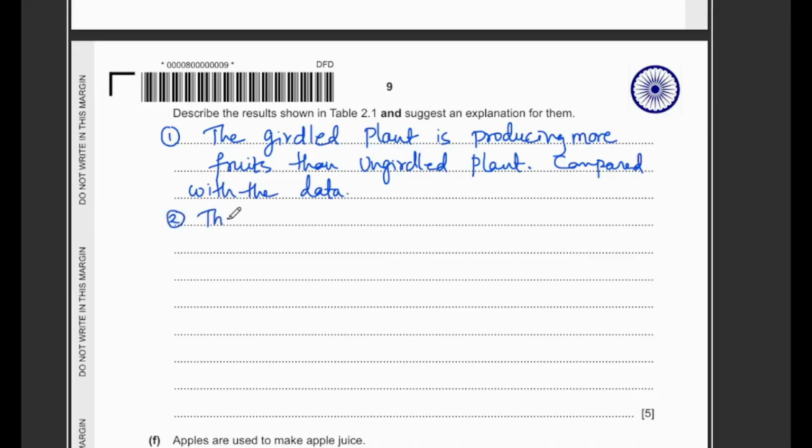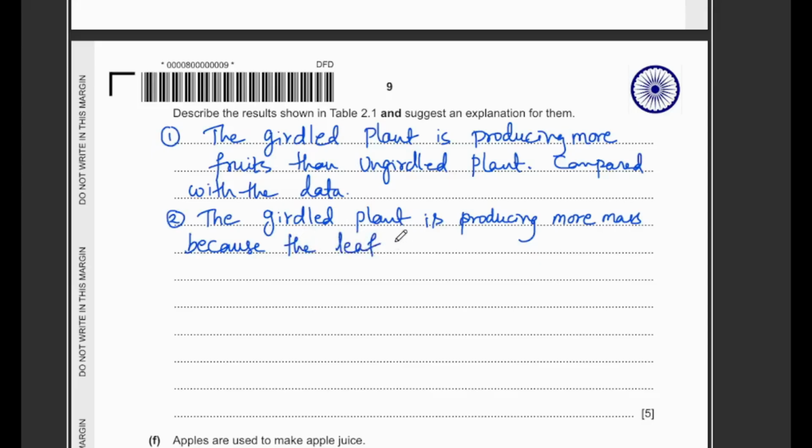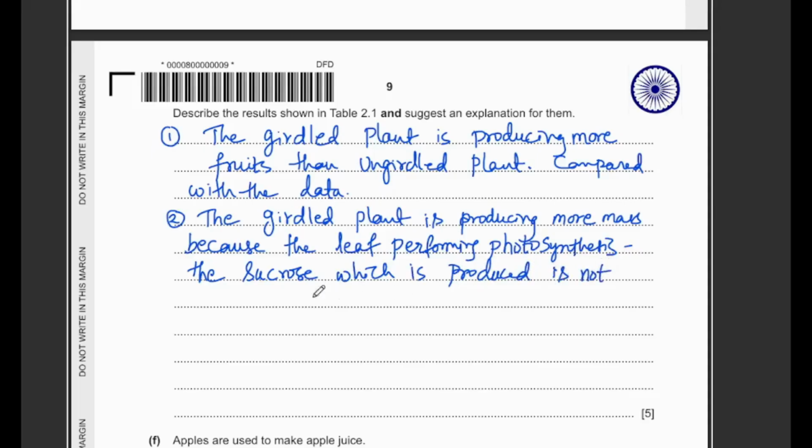Second point, the girdled part is doing such a thing that the girdled plant is producing more mass because the leaf is performing photosynthesis, and the sucrose which is produced is not transported downward.